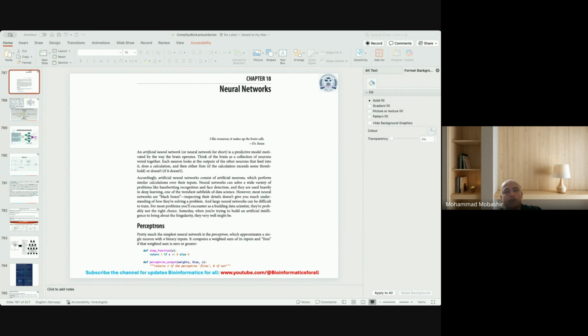ANNs or neural networks enable computers to make more accurate predictions and classifications from a vast pool of data sets.